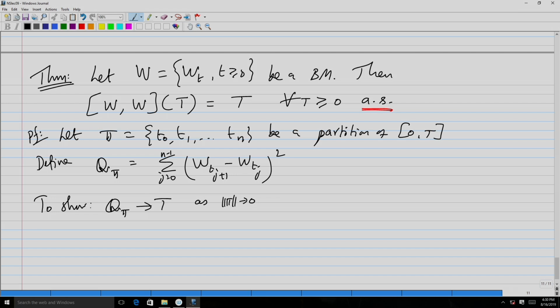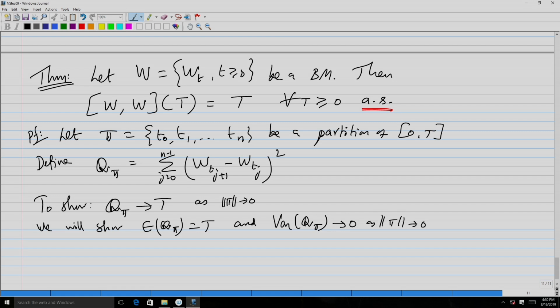Now, what we will show is that the expectation of Q_pi is t and the variance of Q_pi tends to 0 as the norm of the partition tends to 0, which is actually L2 convergence, but technicality apart, it can also be shown that this is true.